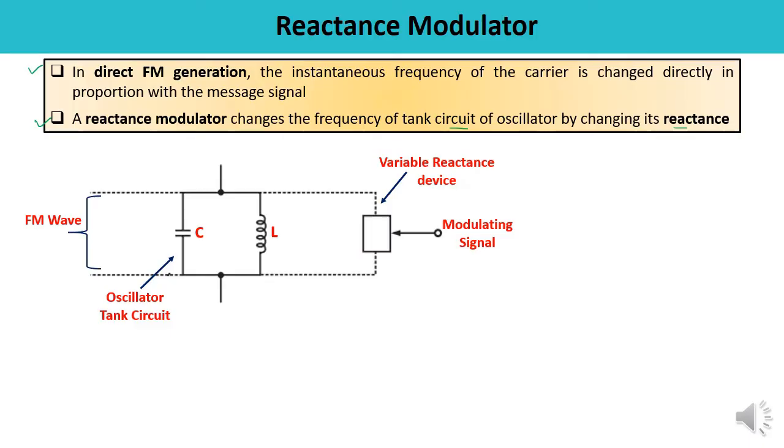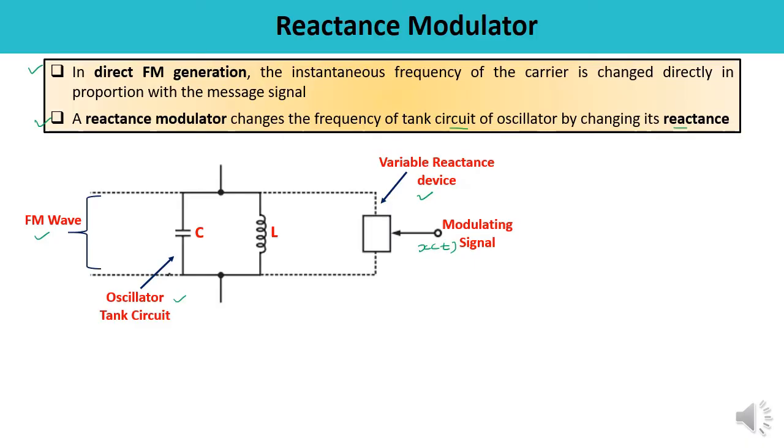Here you can see L and C. This forms a tank circuit. So the FM wave is the output wave. The oscillator tank circuit is being shown over here. The modulating signal x(t) is being applied at this end, and this is the variable reactance device.